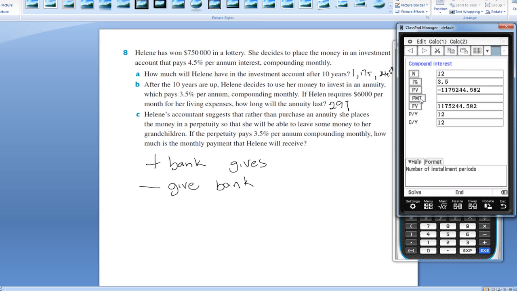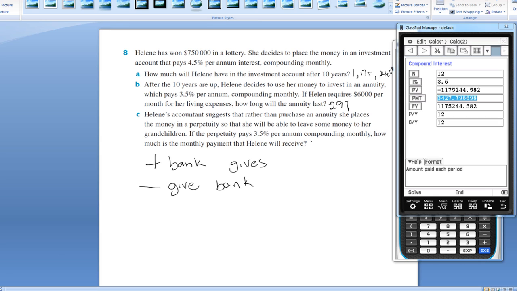Alright, and now when I click on PMT or payment, that'll basically tell us the amount I can take out per month to keep the amount in my bank account at 1,175,000 and so on. So let's see. Basically this is saying that we can take out $3,427.79 or 80 cents, which is pretty good, because that's $3,500 a month, and I've still got $1.1 million or $1.18 million in the bank.